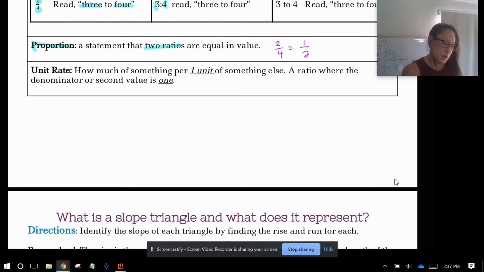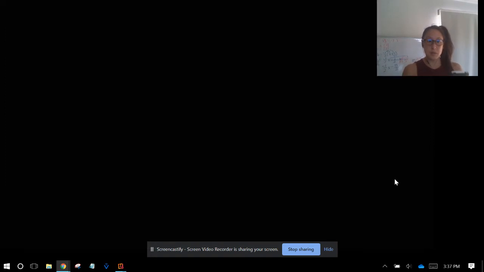Okay. A unit rate is when we have an amount over 1 unit. So for example, my 2/4. So for every two pineapples, I drink 4 glasses of water. I usually like to reduce this down into a decimal.